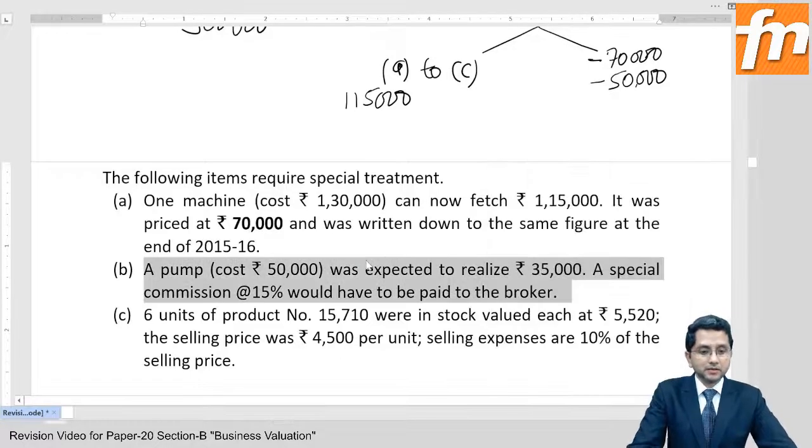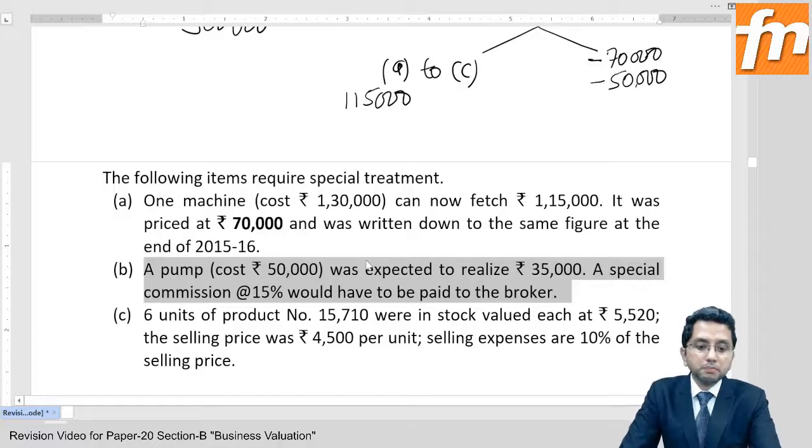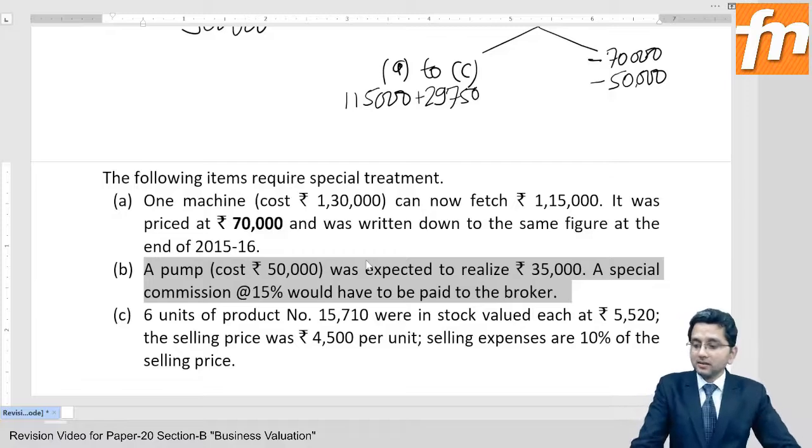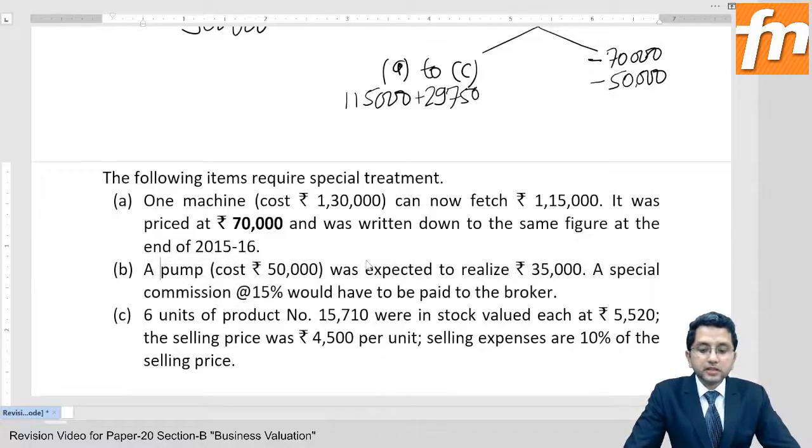That is 29750, right? So this is plus 29750. And there is no separate book value, so we are assuming that this item currently is included at a book value of 50,000 rupees, right?